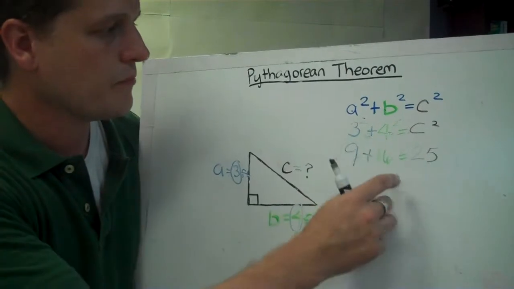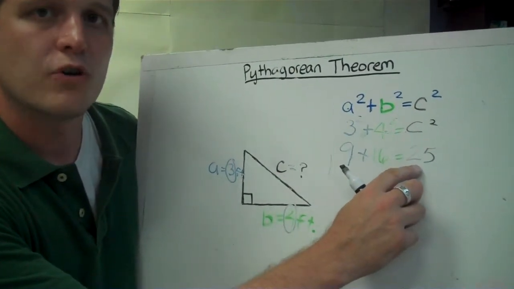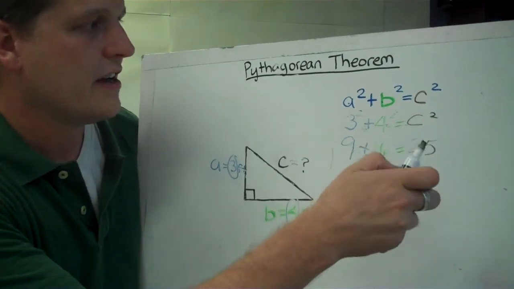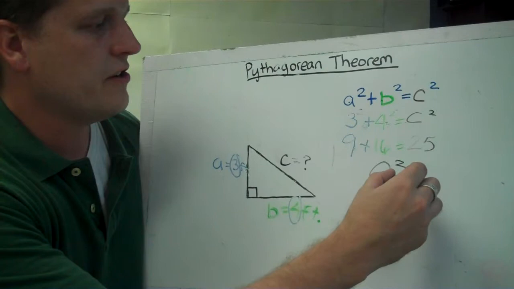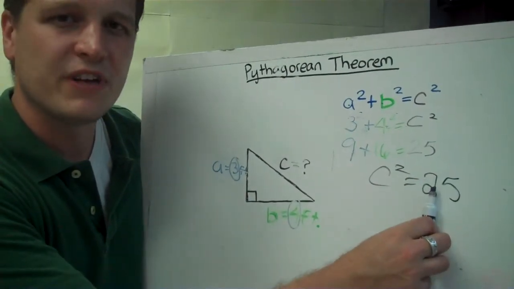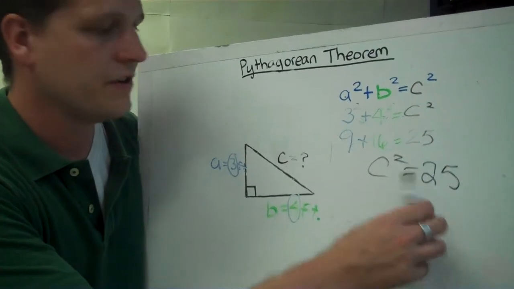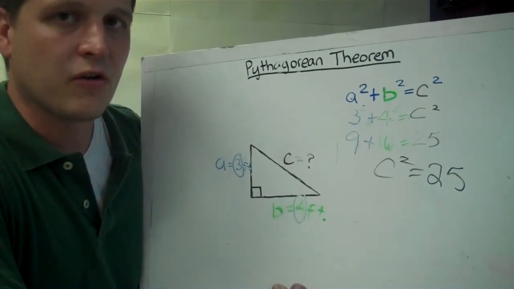Now, like I said at the beginning, we're going to find the answer. It says c squared equals 25, but we don't want to keep it at 25. That's kind of long for the sides of a very short-sided triangle.